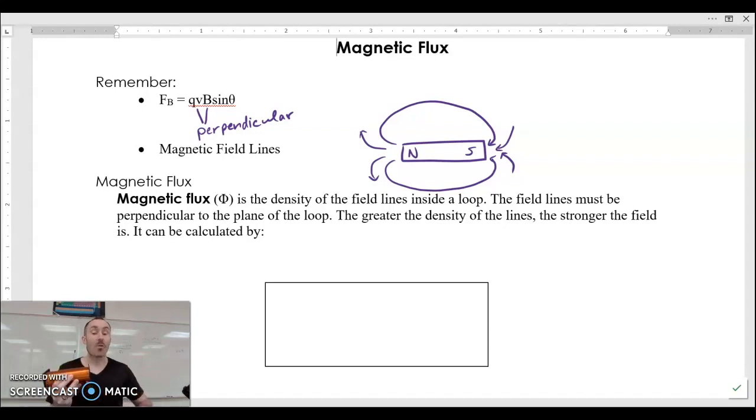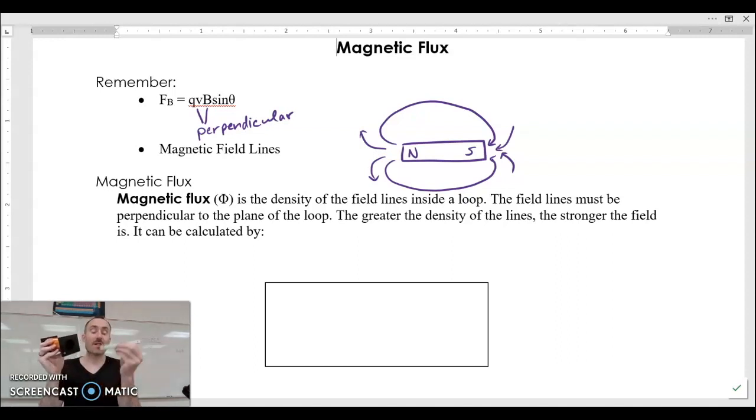And in this case, we are again going to be specifically talking about field lines going through a loop of wire. Okay, so here's my whole set of loops. There's the opening. And magnetic flux is how much magnetic field is passing through that opening. Okay, so this loop of wire, this is the surface that we're talking about.